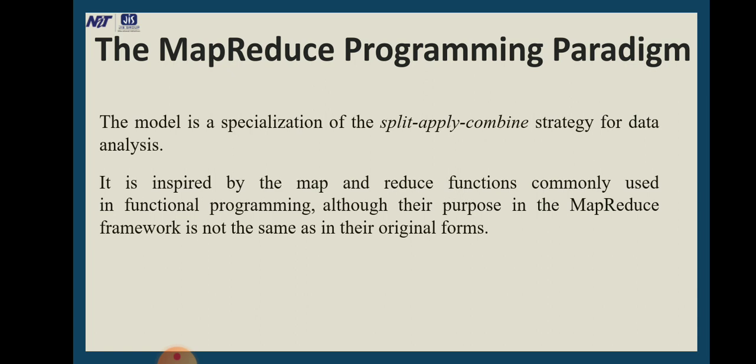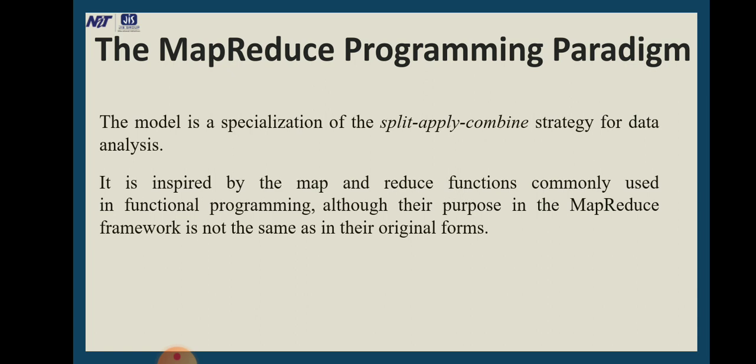While this process often appears inefficient compared to algorithms that are more sequential, because multiple instances of the reduction process must be run, MapReduce can be applied to significantly larger data sets than a single commodity server can handle.